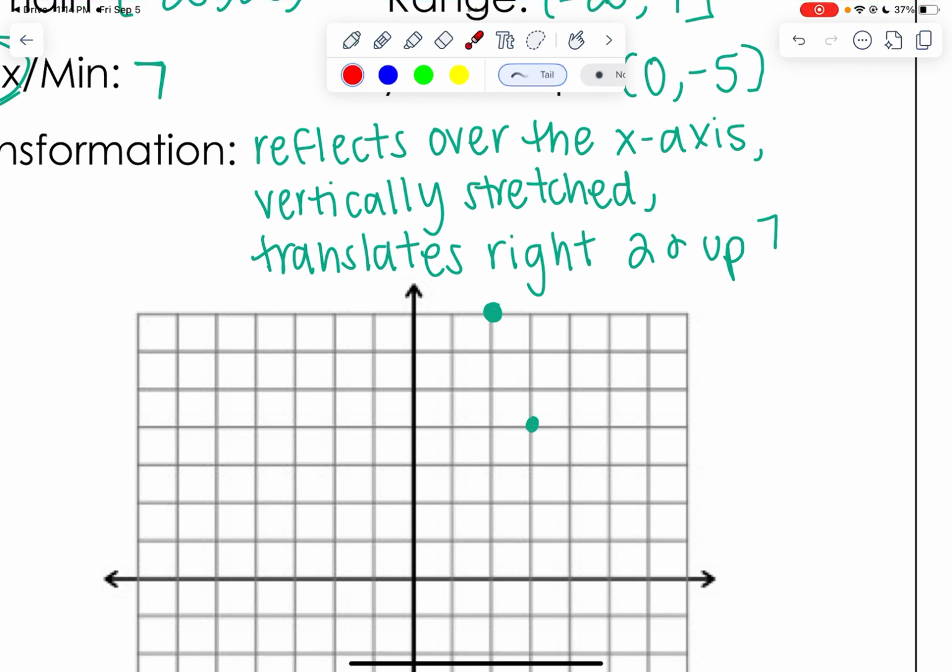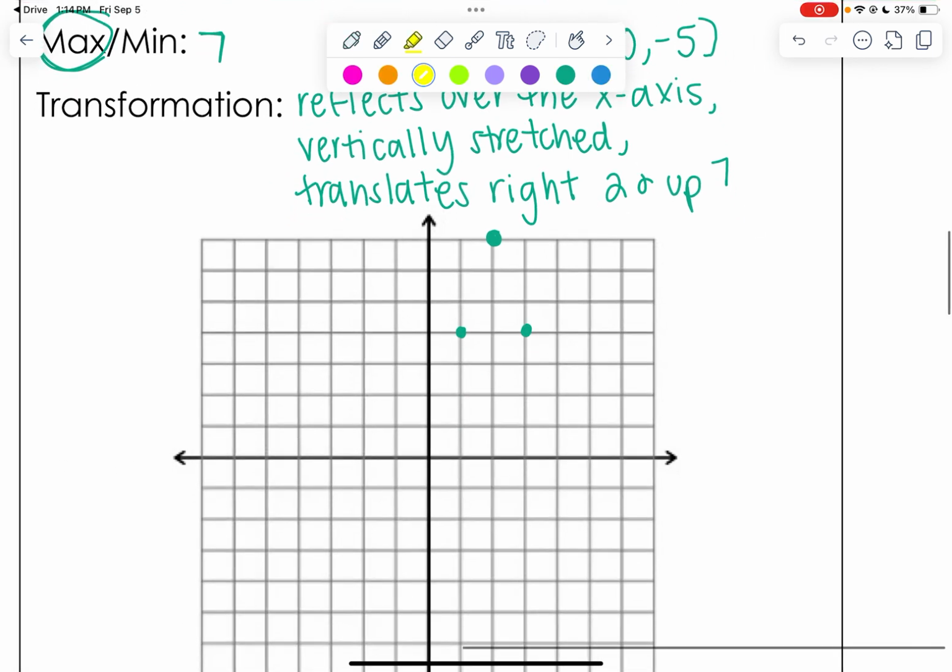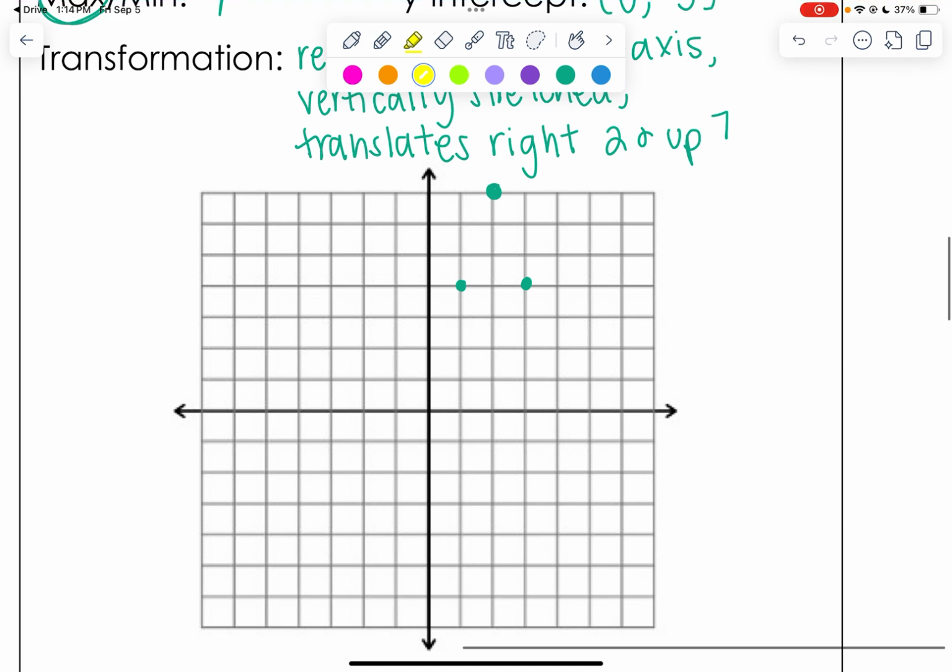And then if this is your vertex, right, there's your axis of symmetry, so reflect it over to the other side. Okay? When in doubt, highlight your axis of symmetry for your reflection. And then I'm going to show you something else in a second if you're having trouble as well. Okay? So over 1 down 3, not over 2 down 4 anymore. It was 4 times 3 because it was vertically stretched.